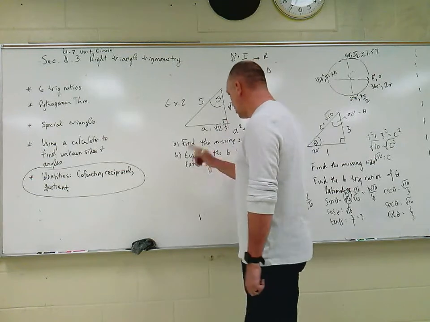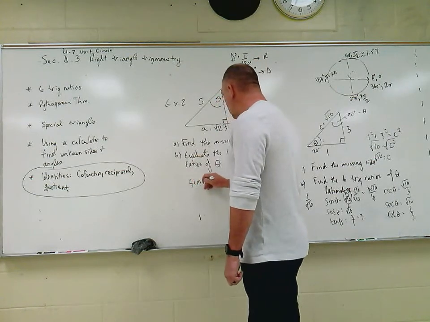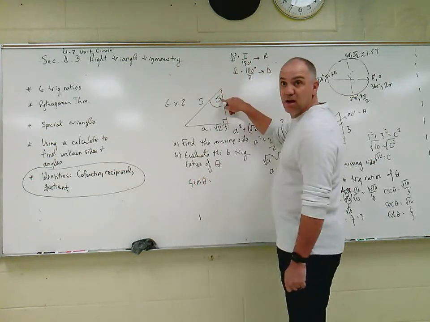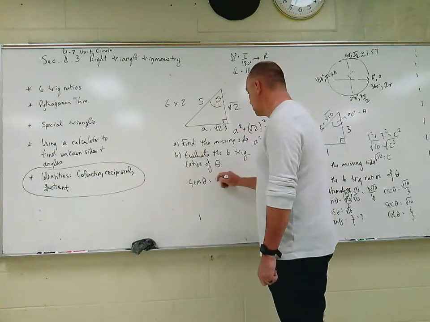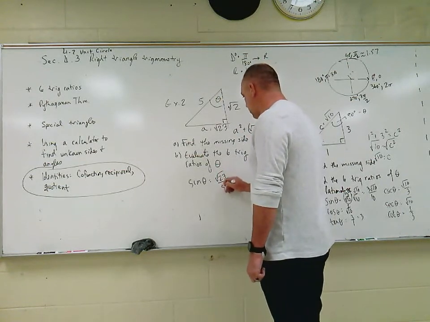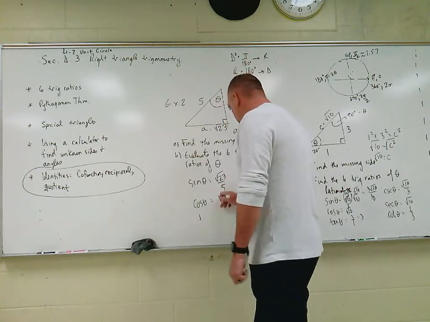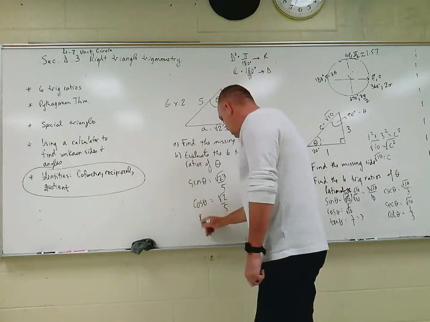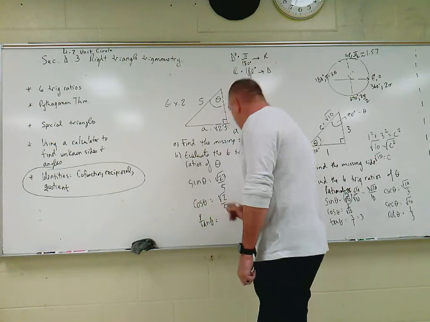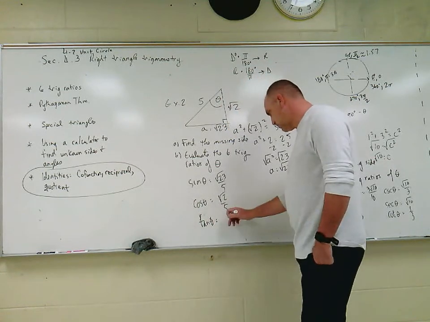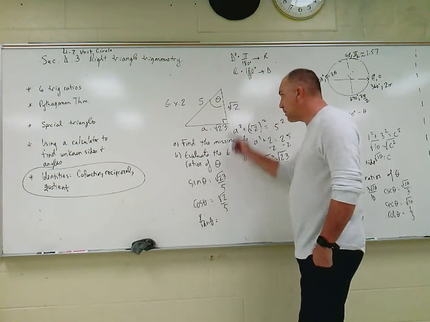And now I do all my SOHCAHTOA. So now I go from theta. Sine of theta is square root of 23 over 5. Cosine of theta is square root of 2 over 5. Tangent theta is what? Square root of 2 over the square root of 23. No, other way around.